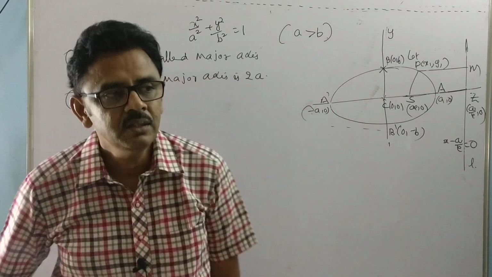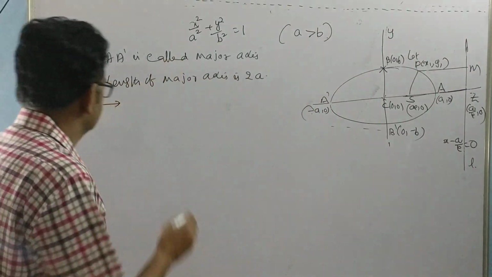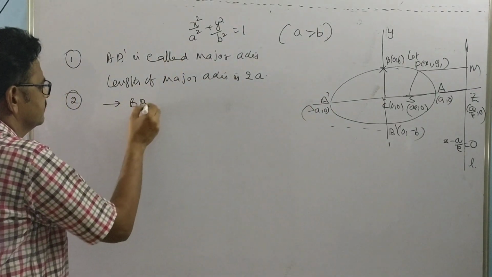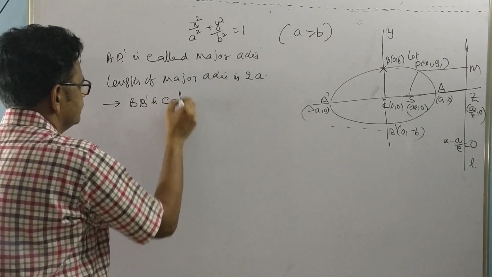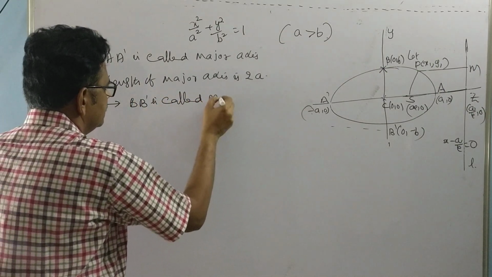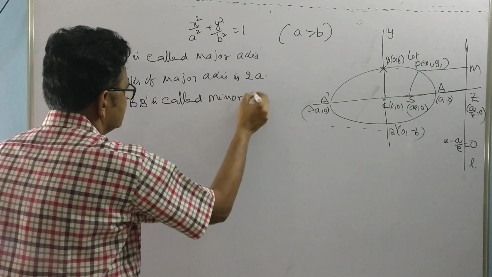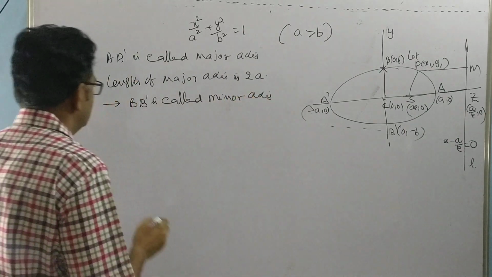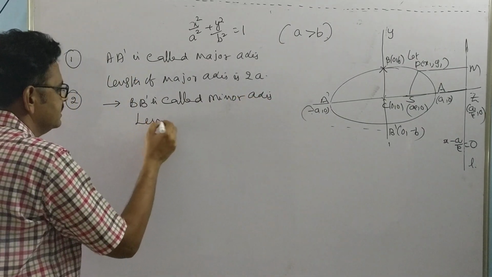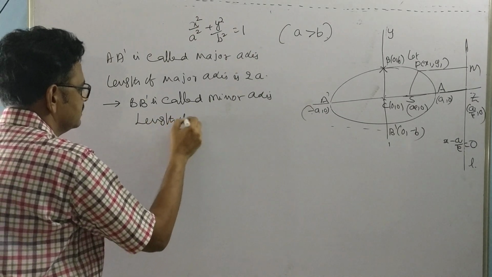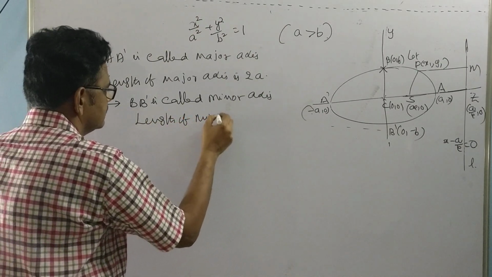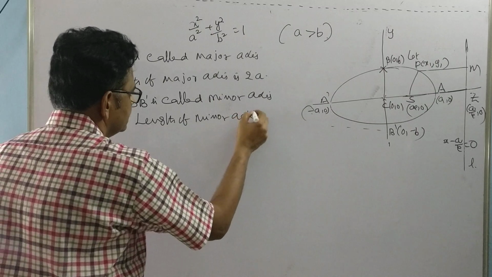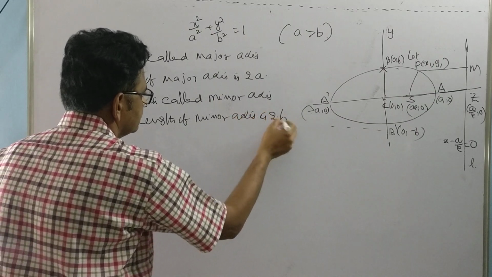B B dash is called minor axis, and the length of minor axis is 2b.